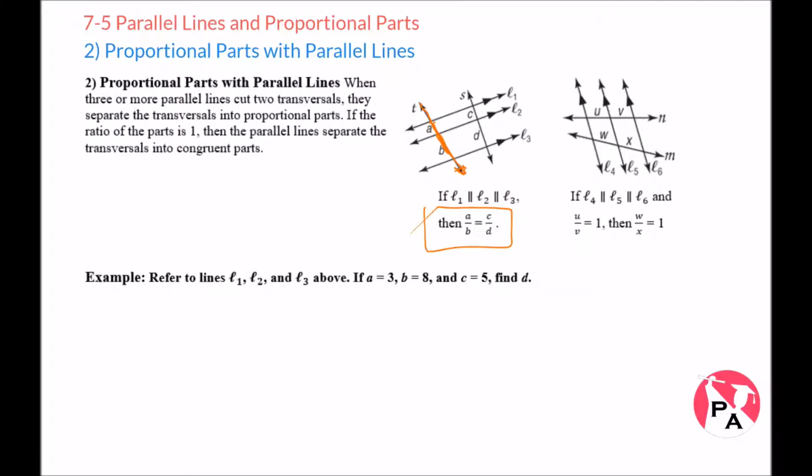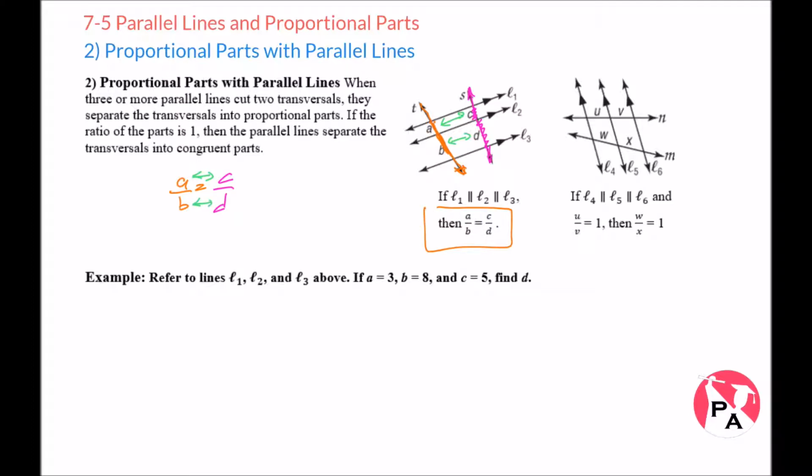A and b belong to line T, so write them together, and then it's equal to, choose the other line. These are the transversals. T and S are the transversals, so choose the second line, and then write down the parts of that line together, C and D. But please realize that AC must correspond to each other and BD must correspond to each other.